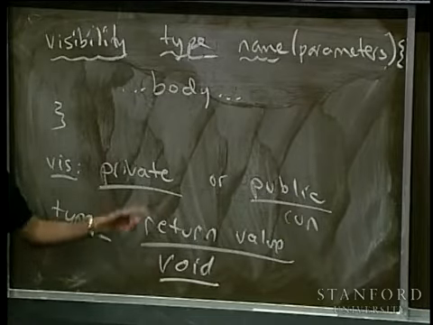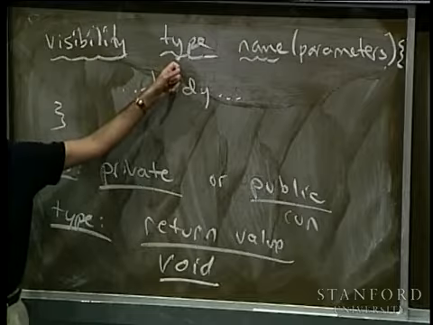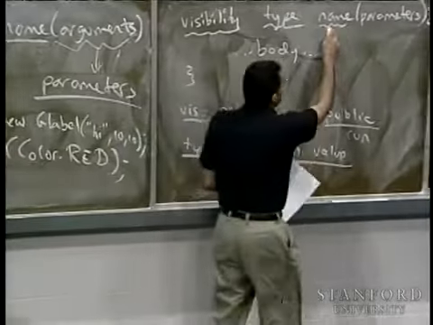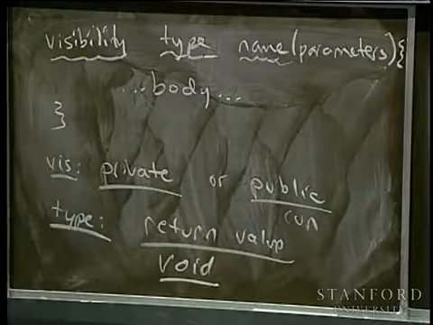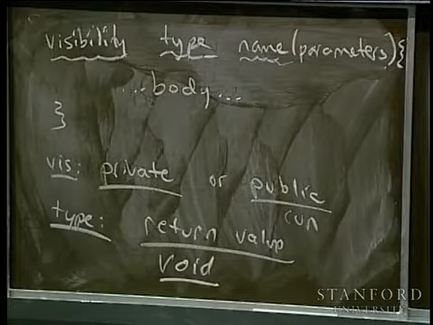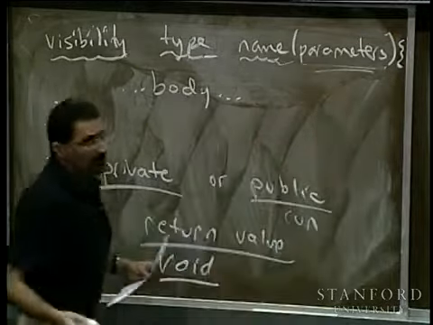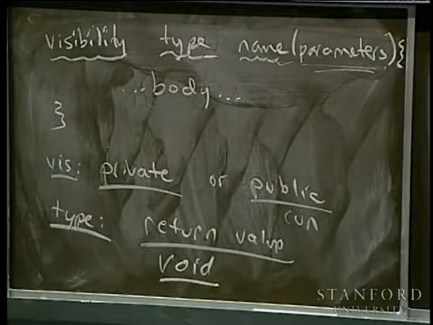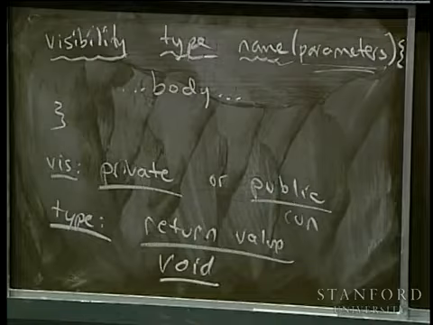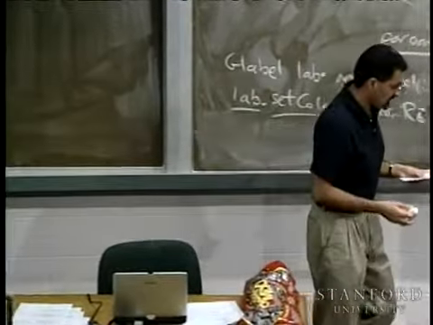You need to know that I'm not going to give you back a value, so I still specify the return type is void. Then the name, you know about the name, right? That can be any valid name for a method, just like we talked about in Karel. And then there are some parameters. The parameters are information we pass into this method that it may potentially do some computation on. I'll show you an example of that in just a second, what parameters actually are and how we set them up.